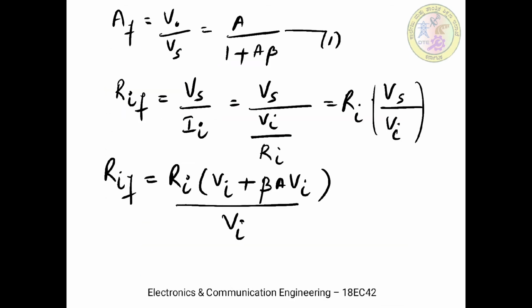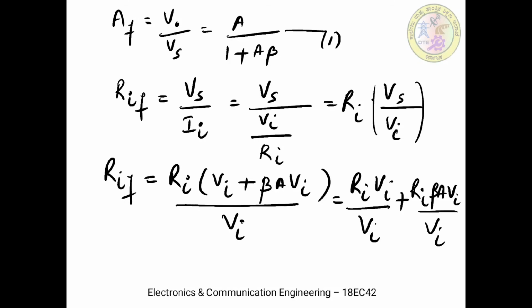That acts as the total Vs. So we can make further simplifications, like I can write Ri into Vi divided by Vi plus Ri into beta A Vi divided by Vi. Here we can see the Vi terms are common and they will get cancelled. So finally I am getting a reduced RIF equation.